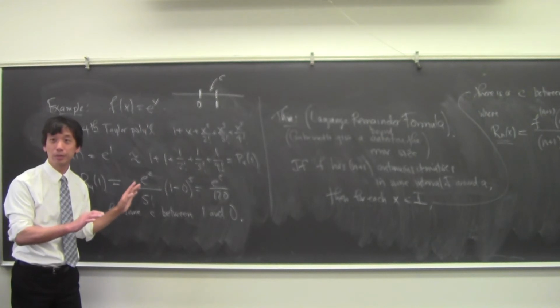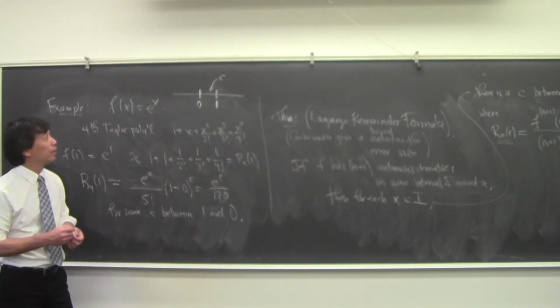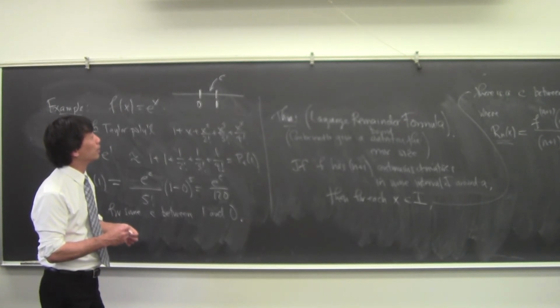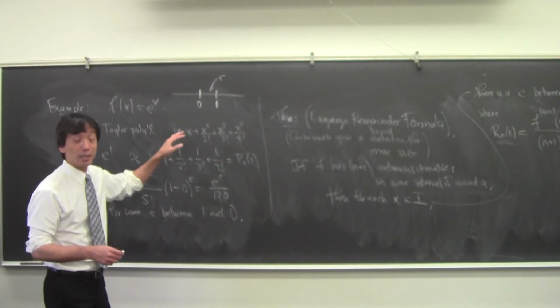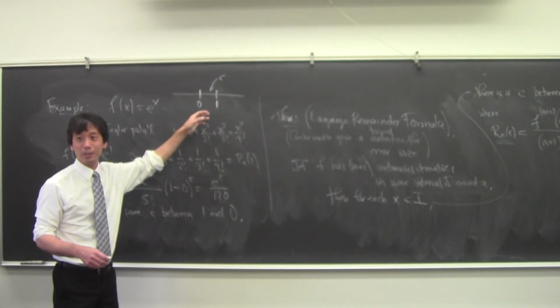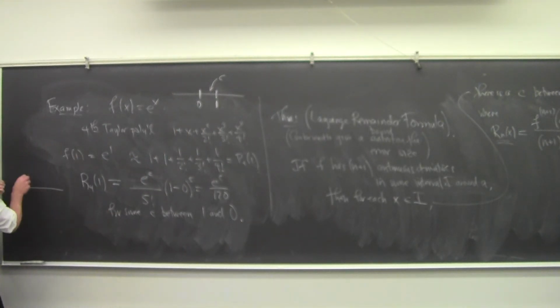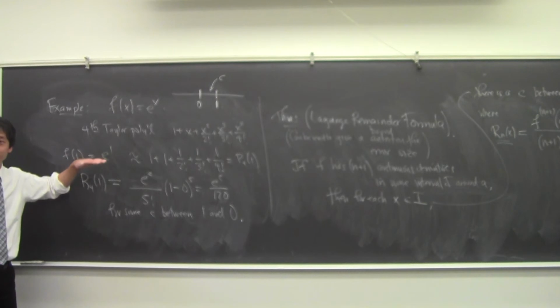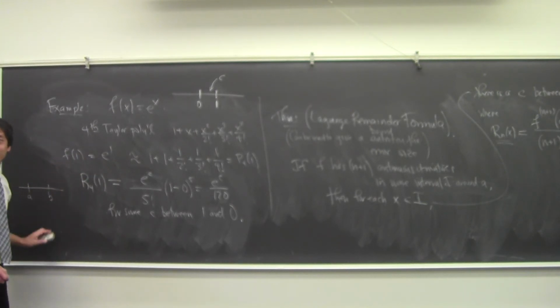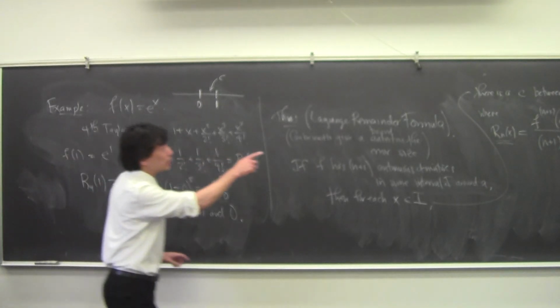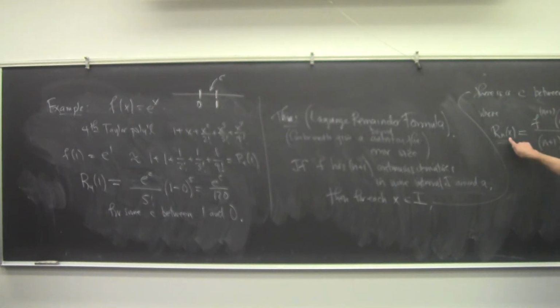Any questions? Yeah, Franco. Why is it between 1 and 0? It actually has to do with the mean value theorem. If you get into the proof of it, remember the mean value theorem says that between here and here, there's some point where something special happens. This c, we actually gave the proof of it, comes out of the mean value theorem. So it's between the point of evaluation and the center of your power series.